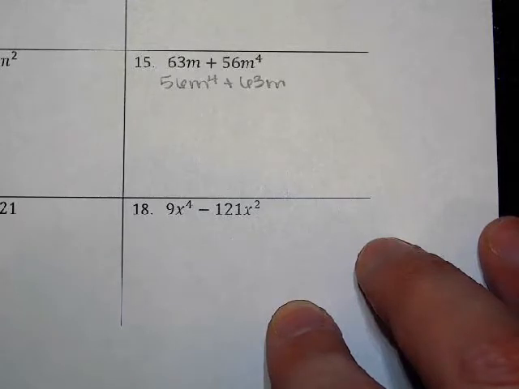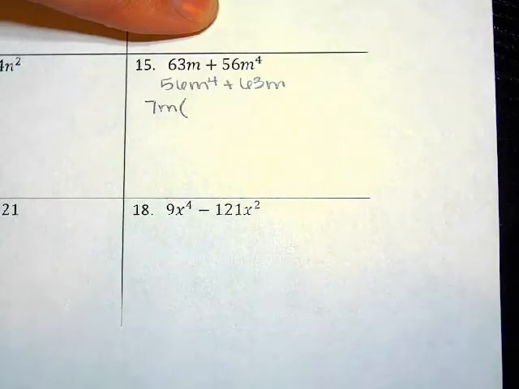Does 7 come out of 56? Yeah. Does 9 come out of both of them? I don't think 9 does. Okay, so 7 does. So we're going to take out a 7, and we're going to take out an m. Okay.